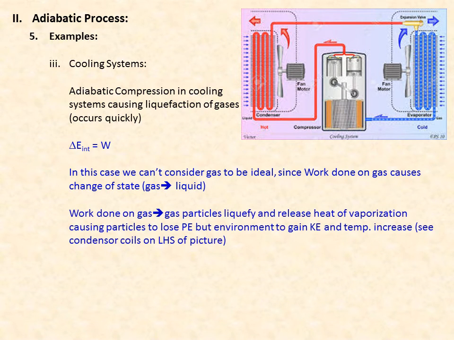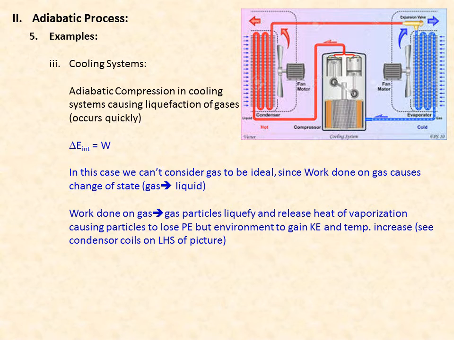Now, if we look at the diagram above, as work is being done on the gas by the compressor motor, compressing it, that gas is being forced into the liquid state. As those gas particles are moved closer together, as the spacing between the particles is removed and they become a liquid, the change of state brings about a release of the heat of vaporization.